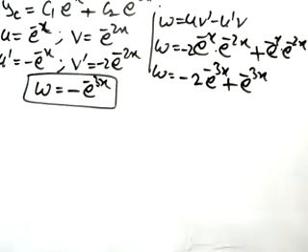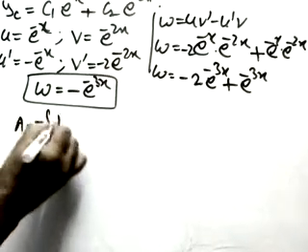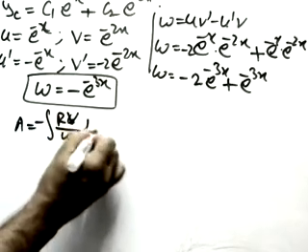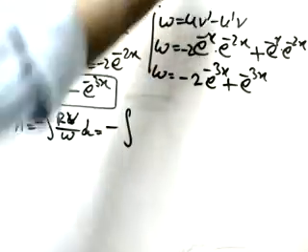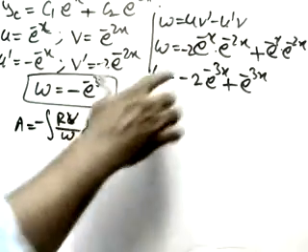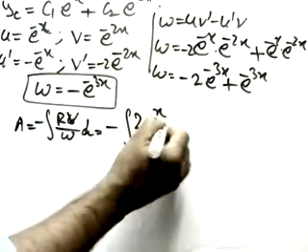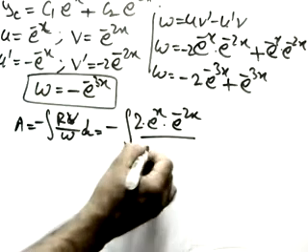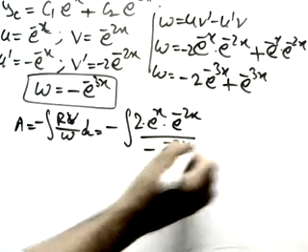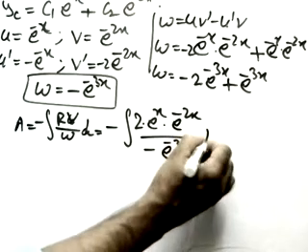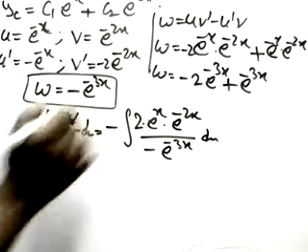Now let us find A. What is the formula of A? A equals minus integration of r into v by w, where r, as we noted in the starting, is 2 into e power x. The value of v is e power minus 2x divided by w, and the w value is minus e power minus 3x. You see bases are same, let me add the powers. Minus into minus will become plus.